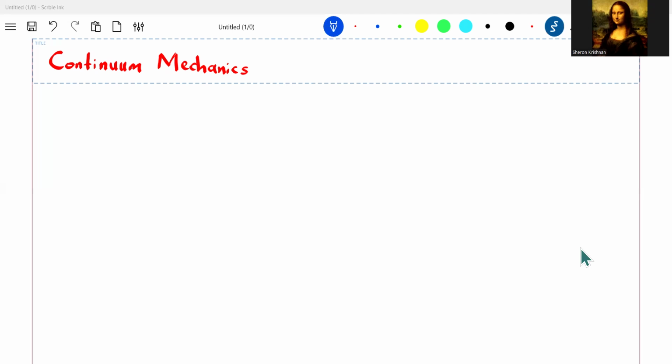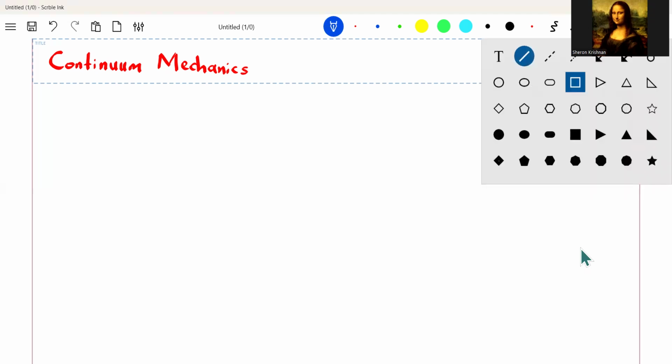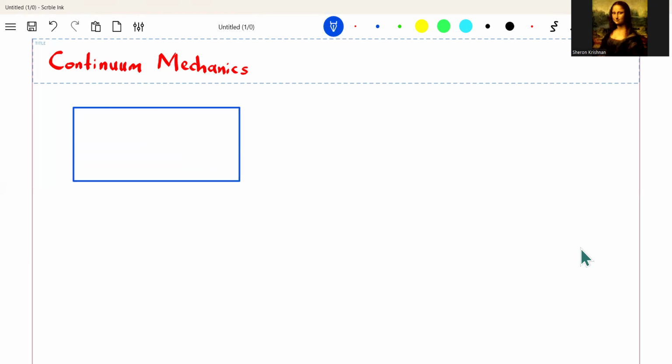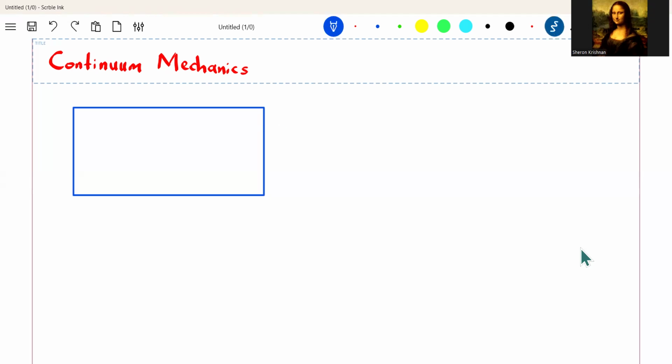So before moving to the subject, let me give some brief introductions. For example, let's take one matter, one medium. If you go to a small enough scale, a body of, let's say, aluminium. Let's take the example of aluminium.